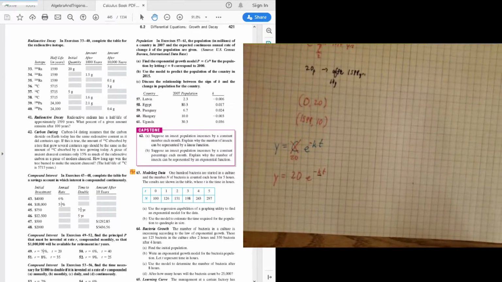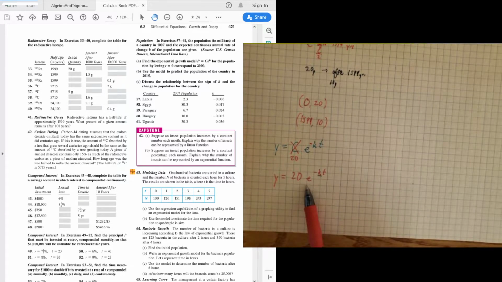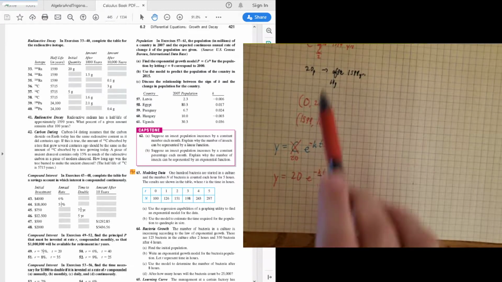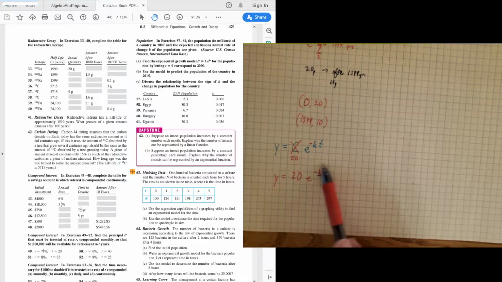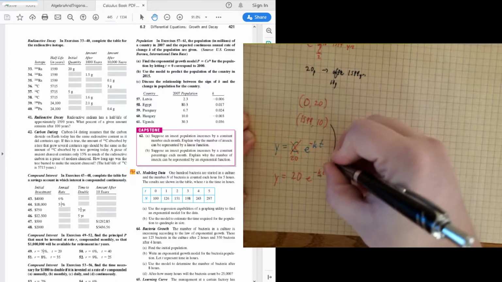So let's do this. If I use this first point and plug in 0 and 20, I can't find k, because 0 times k is going to mean I end up with 0 up here, which isn't going to do anything. And so it's better to plug in my second point. So that's exactly what I'm going to do.